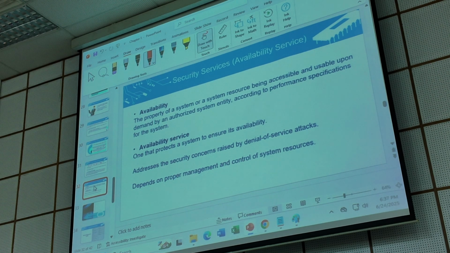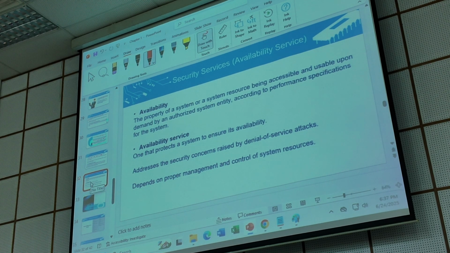So what is availability? Availability means that the service is always available to the user once the user wants to use it. Okay? The definition here: the resources being accessible and usable upon demand by the authorized system entity.